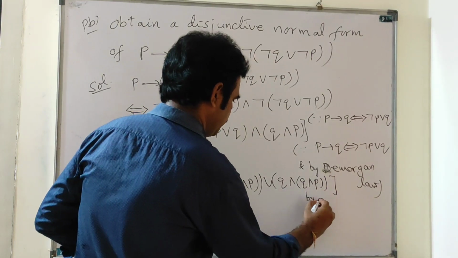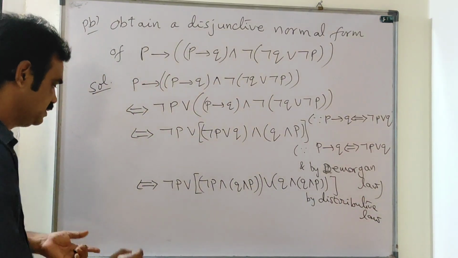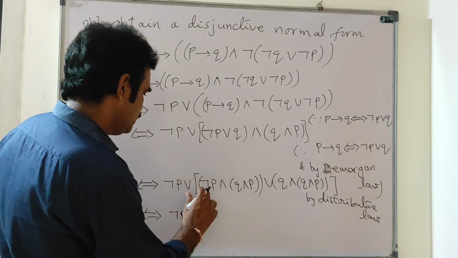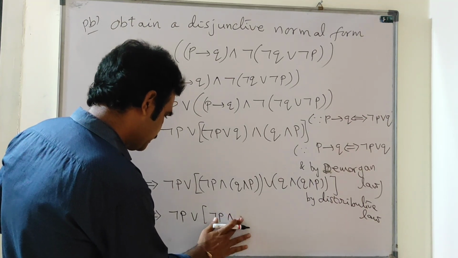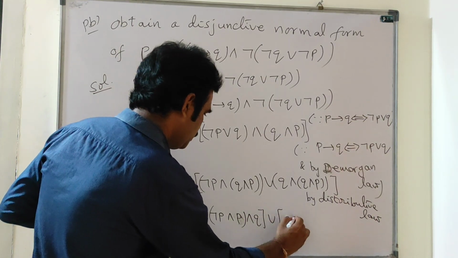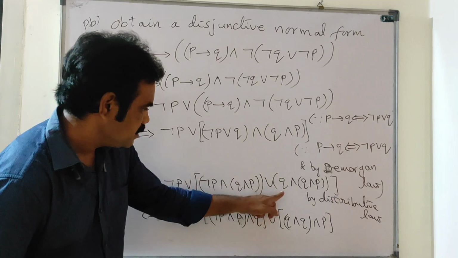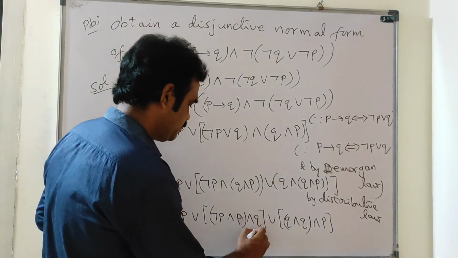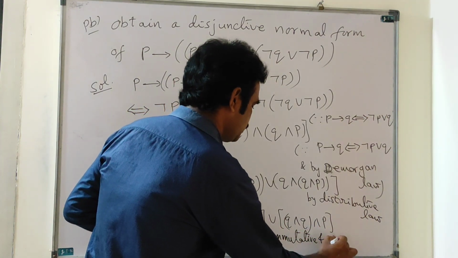By distributive law, this is equivalent to negation P or negation P and Q and P. This can be written as negation P and Q, or Q and P. Okay, now negation P and P, Q and Q. This is by commutative law and this is by associative law.